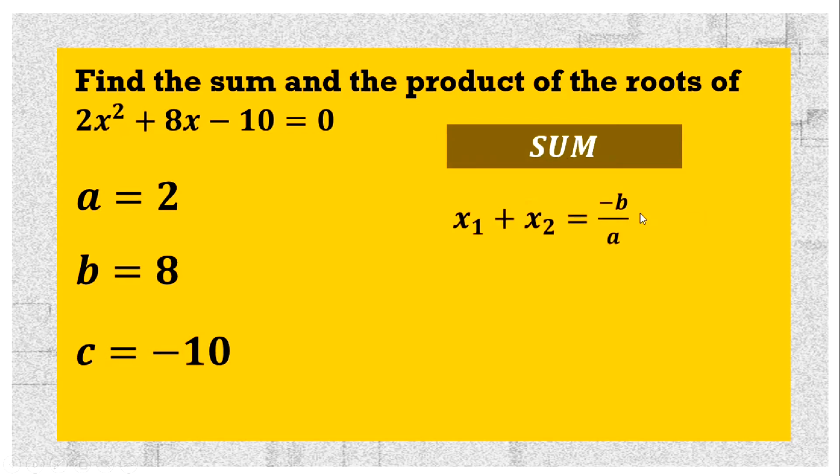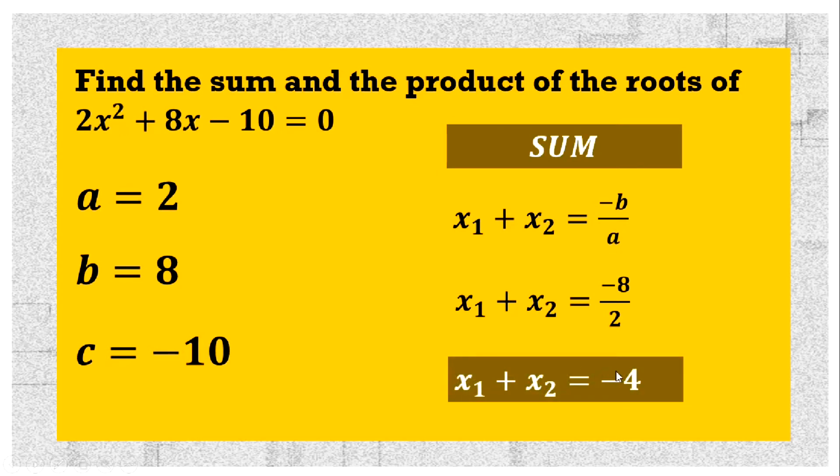Again, ang sum natin is negative b over a. Yan yung nakuha natin kanina. So, we have x sub 1 plus x sub 2. Our b is 8. So, negative b is negative 8, all over our a is 2. And negative 8 over 2 is simply negative 4. So, ibig sabihin, si negative 4 ang sum ng roots natin.